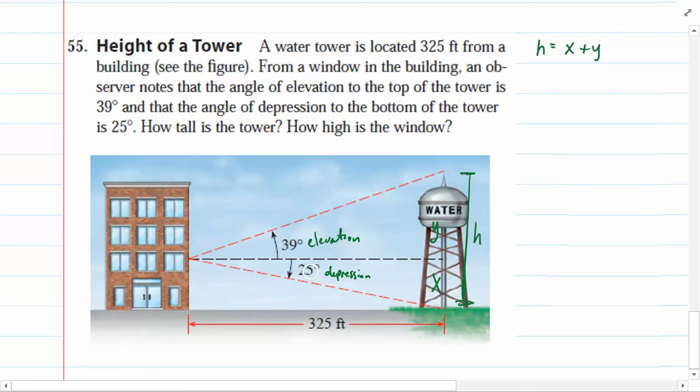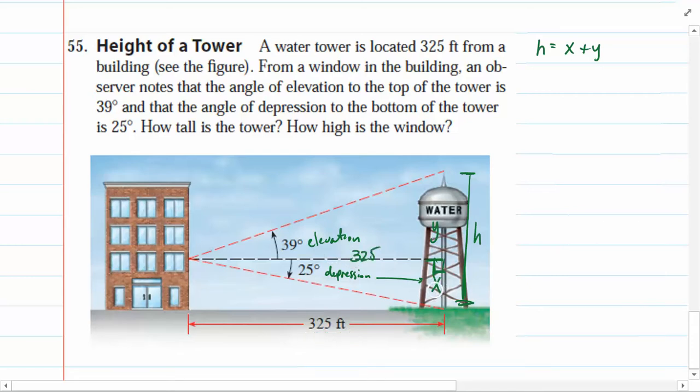I have an angle here, 25, and the right angle here in this corner. That makes this side length an opposite side. And we have the distance from the building to the tower, at 325 feet. Now, even though that was measured down here, because this essentially forms a rectangle surrounding our triangle, and rectangles are parallelograms, then I know that this side length is also 325 feet.